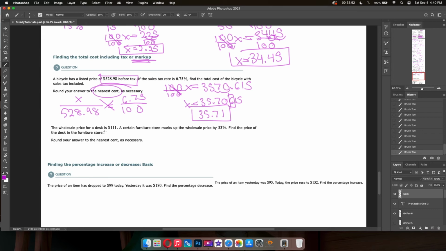Now again, wholesale price is $111, and then it is a markup. So 33%. Oh, those clever little schnitzels. The software just tried to play me and I almost missed it. Okay, let me go back up and talk about markups again. I was stupidly talking about economy, but you know what?